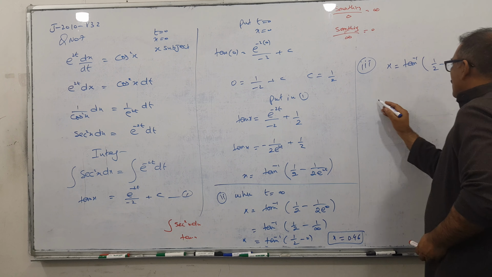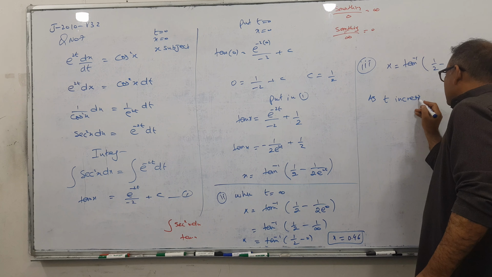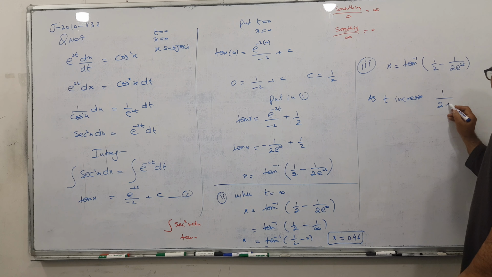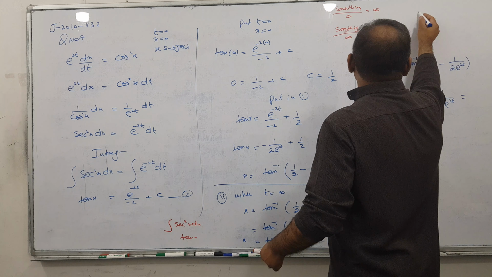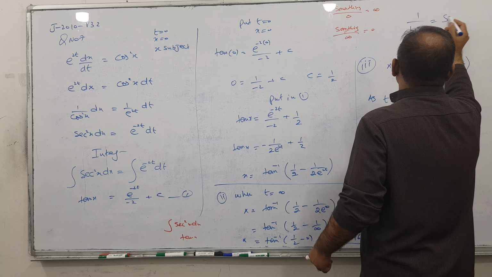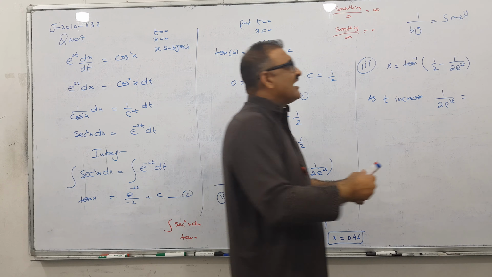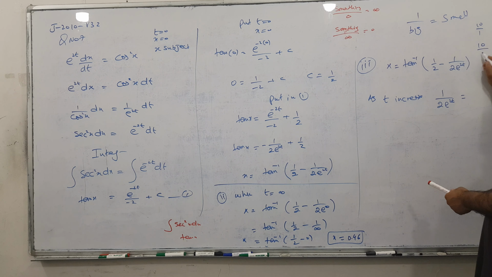All of you know as t increases, what will happen? So 1 over 2e^2t, this component, the whole thing: something divided by a big value gives you what? A small value. You have an idea? If you don't, I give an example. 10 by 1 and 10 by 10: this gives you 10 and this gives you 1.